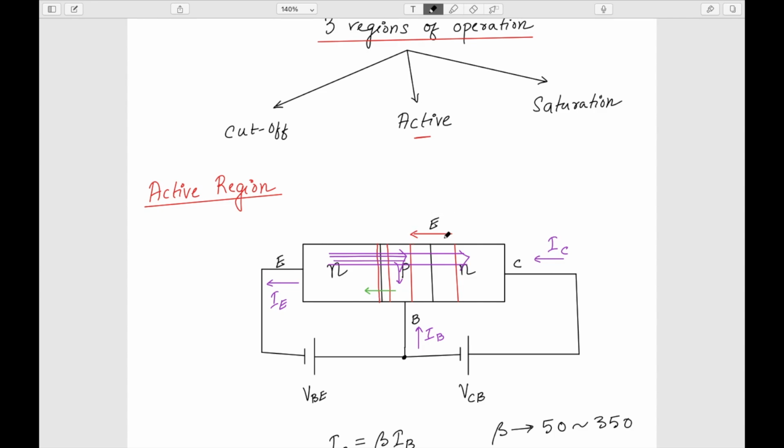So the current is mostly defined not by this electric field, but by the carrier concentration in the base. There may be some dependence on the electric field, which we will see at a later stage, but for the time being we are assuming it hardly depends on it.